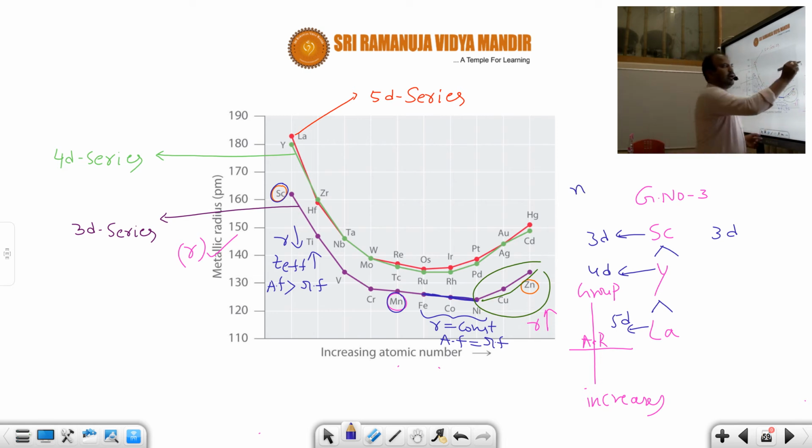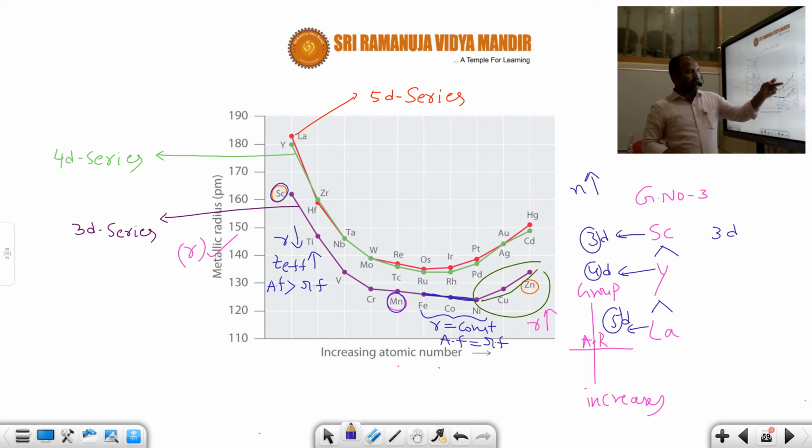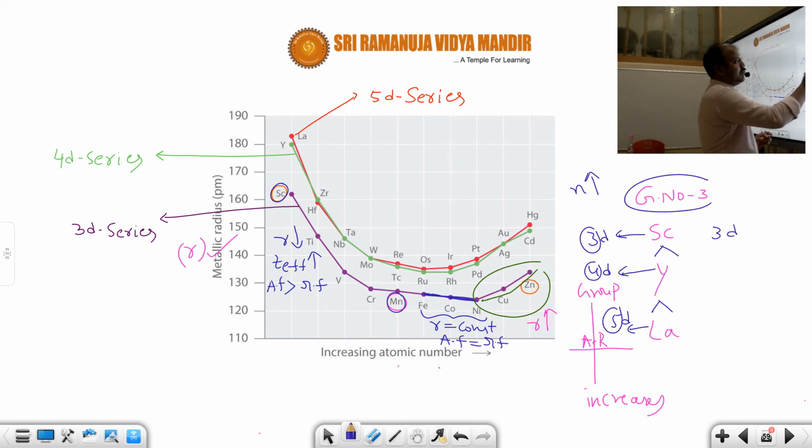Why? Orbit number increases. Scandium is third orbit, yttrium is fourth orbit, lanthanum is fifth orbit. So orbit number increases 3, 4, 5, and atomic radius increases. It follows the general trend.